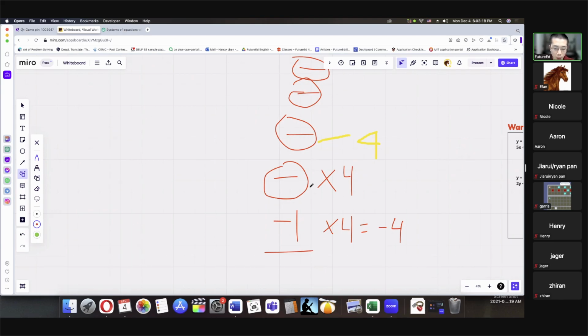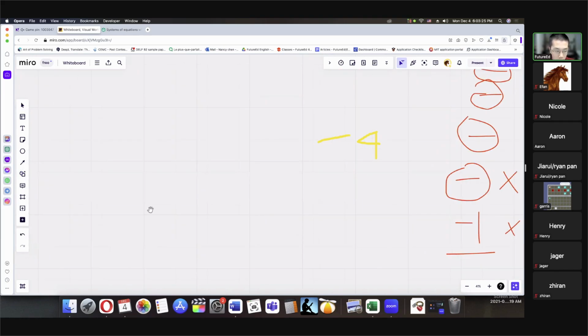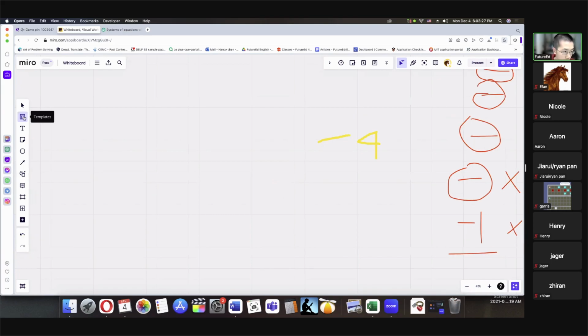So when you multiply by a negative, let's say instead of -1 times 4, I'll move off the page, and let's say we started with a +1. Okay, let's say we have a +1, and we want to multiply it by -1. Okay, so what the -1 does is it flips the chip. If it is a positive, it flips it around.